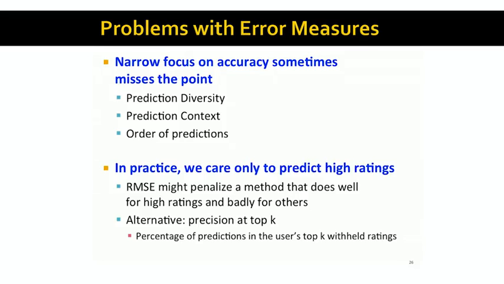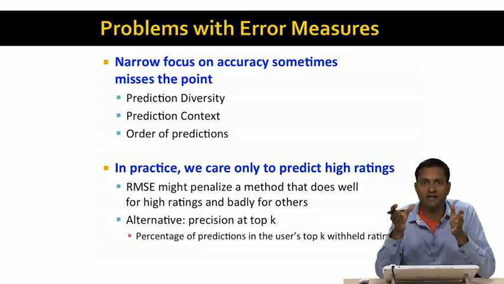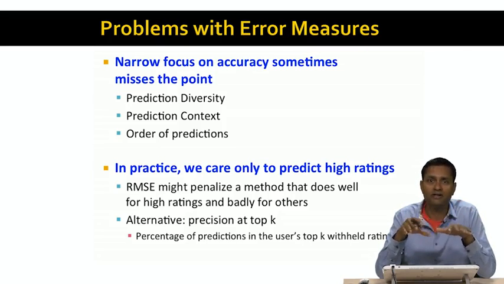We've set up this whole problem of predicting the rating of a user x for an item i. But in practice, we don't really care what the rating of user x for item i is if that rating value is low and the user really doesn't like the item. We are only going to recommend items that the user really cares about. And so we only care to predict high ratings, not low ratings.